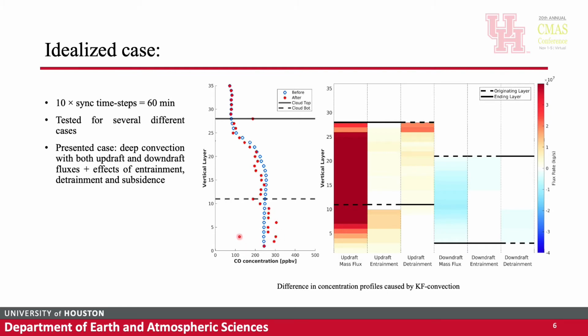So this is for about 10 times the real case impact, and it shows how much the KF convection can increase the carbon monoxide concentrations in ppb over different layers, and how important its impact is.